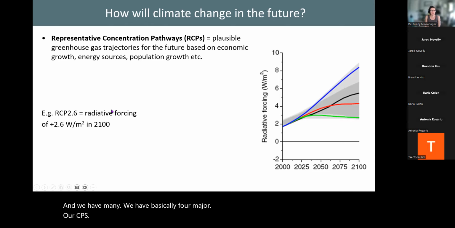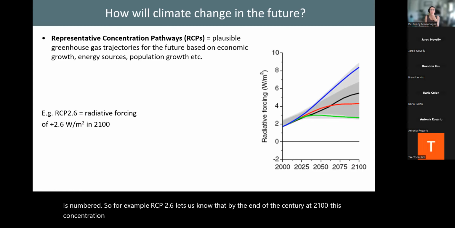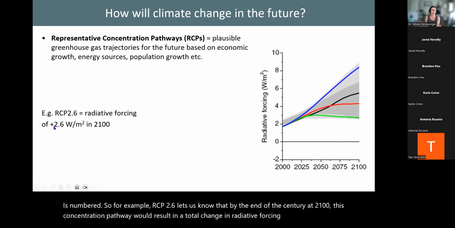And each RCP is numbered. So for example, RCP 2.6 lets us know that by the end of the century at 2100, this concentration pathway would result in a total change in radiative forcing of 2.6 watts per meter squared.